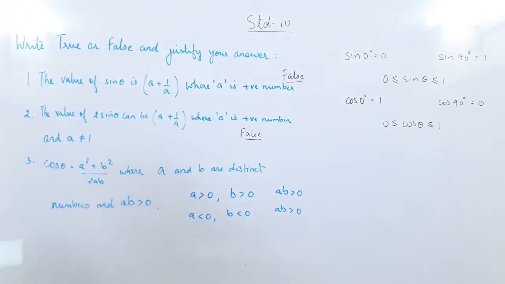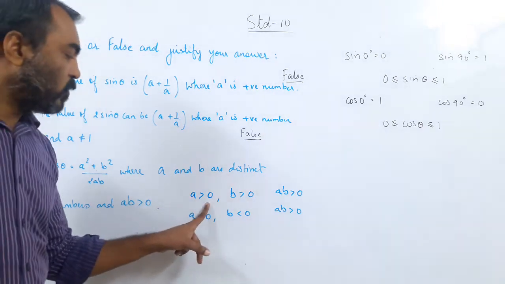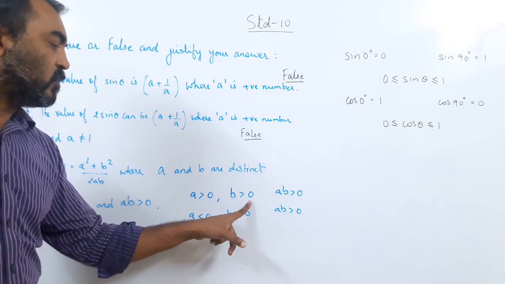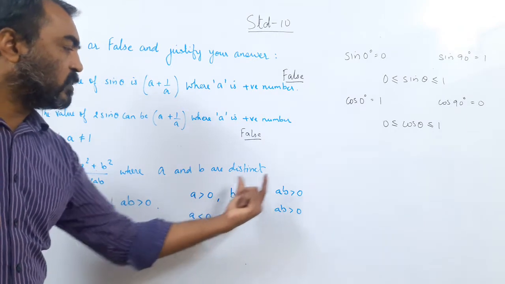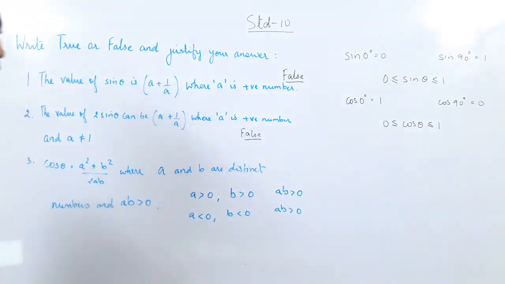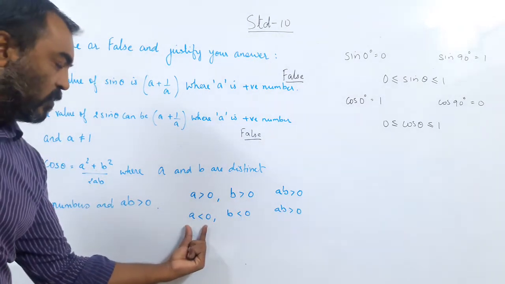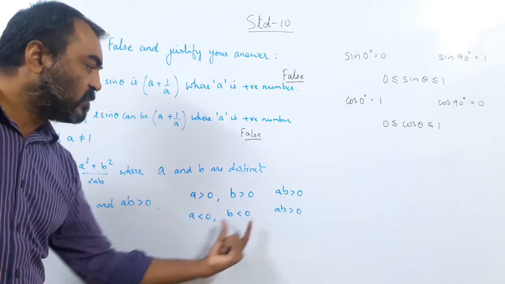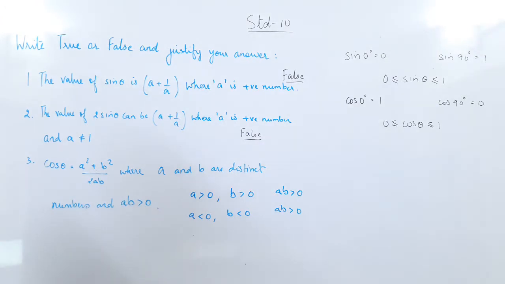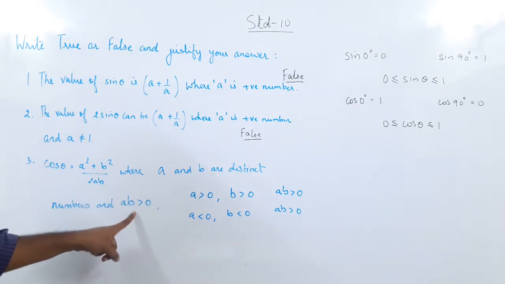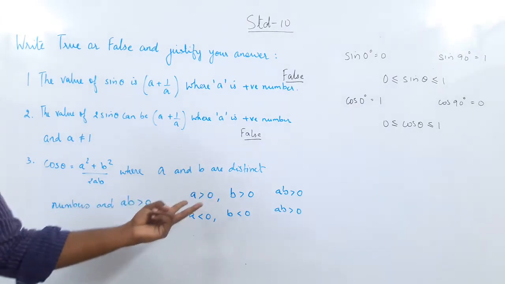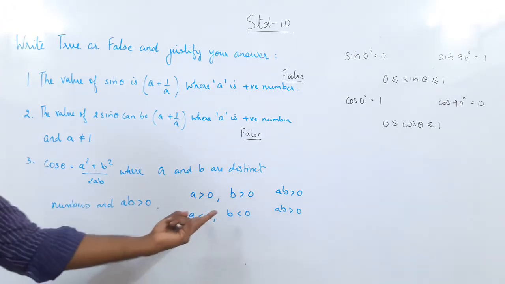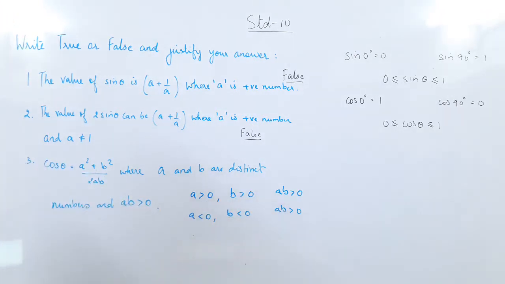Are you following the reasoning here? If a is a positive number and b is a positive number, then positive into positive will give you a positive number greater than 0. But if a is a negative number and b is also a negative number, then a into b will still give you a positive number. So ab is greater than 0 means either a and b both are positive or a and b both are negative.